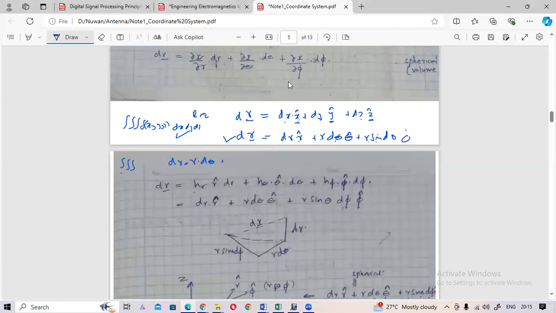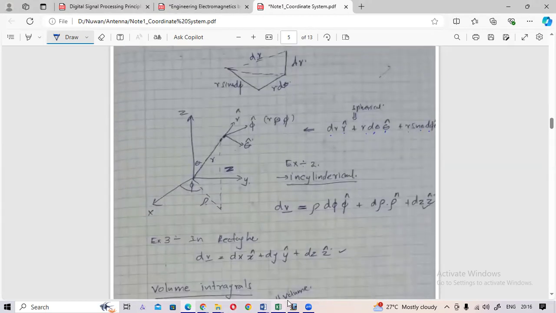Here r sin theta d phi. So it will become r squared sin theta dr d theta d phi. That is how it comes.